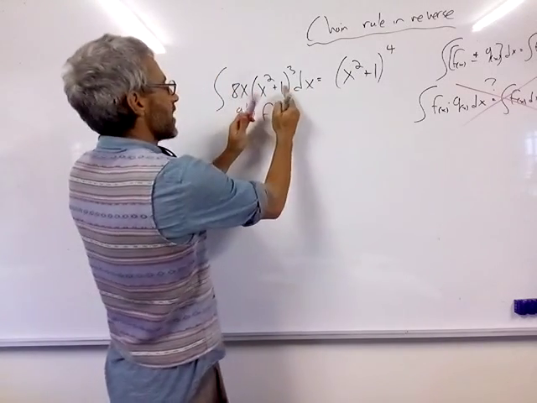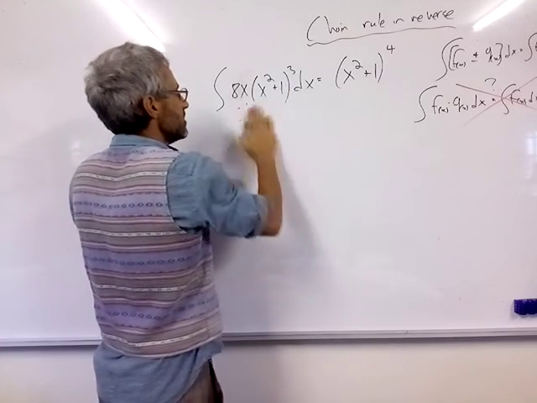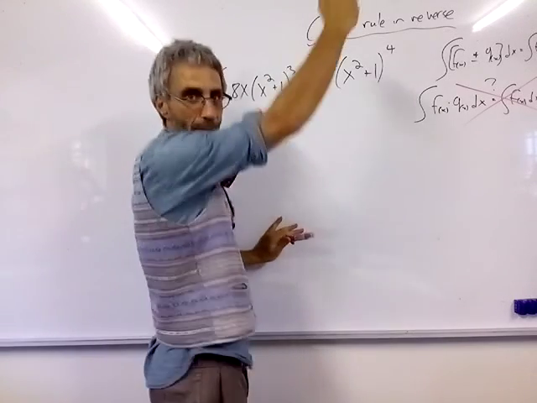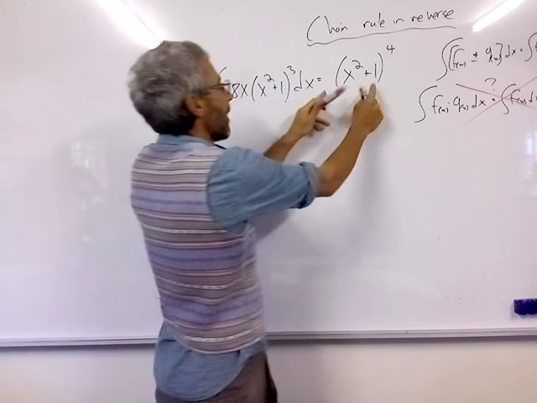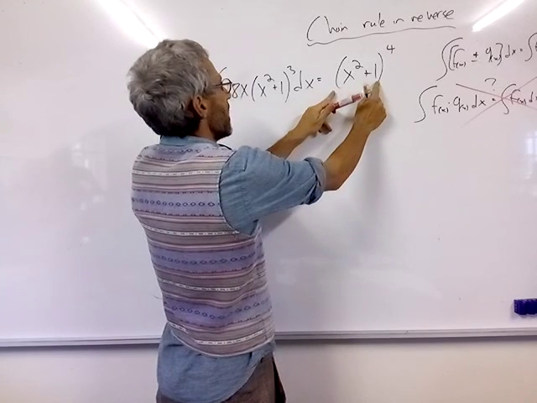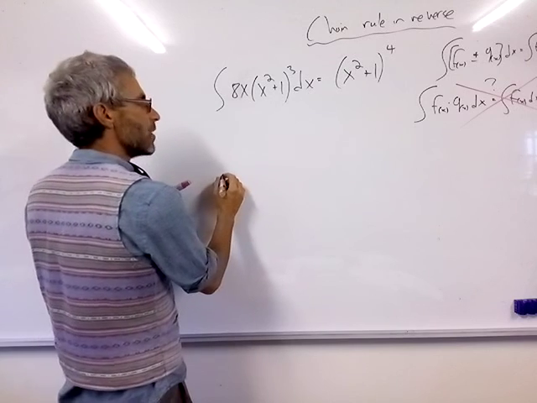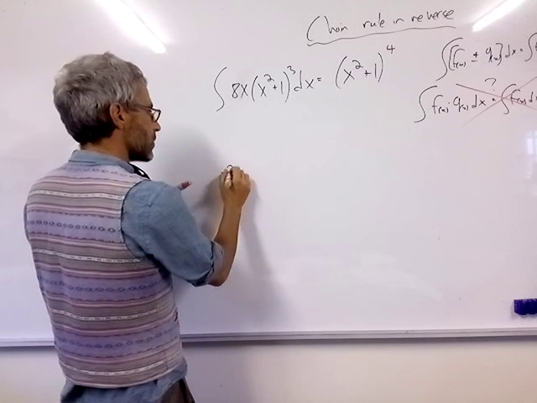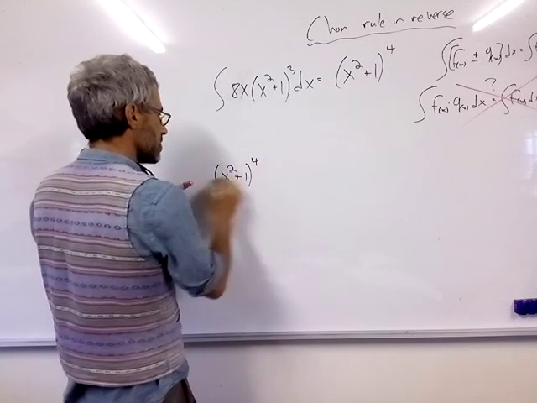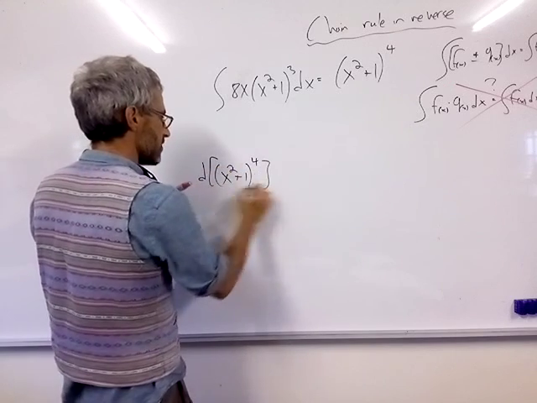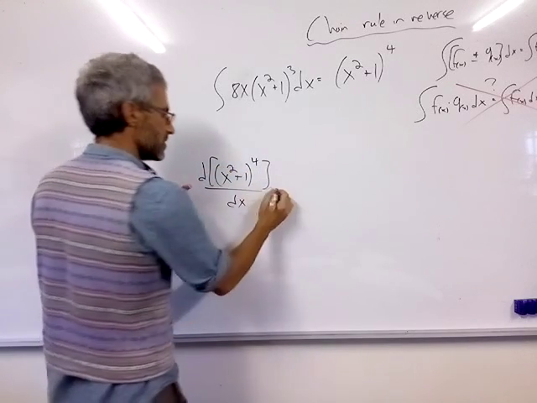So we're looking for that function. Usually it's going to have the higher power, and we think maybe my answer has something to do with that. Now we're going to start writing on the other side here. We're going to take x squared plus 1 to the power 4 and differentiate it with respect to x. What will I get?